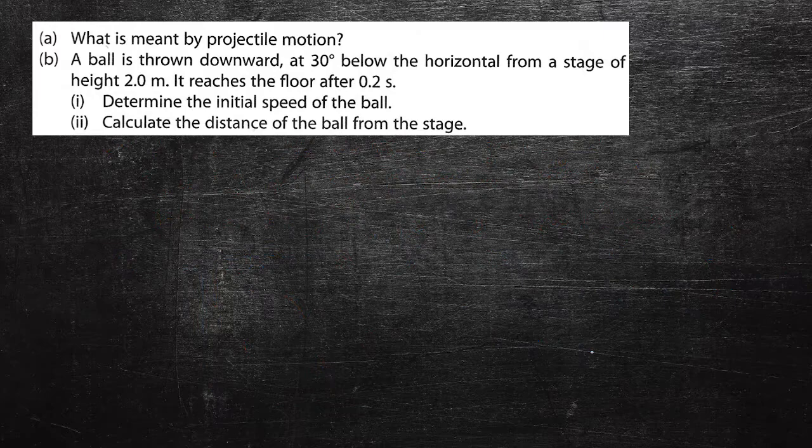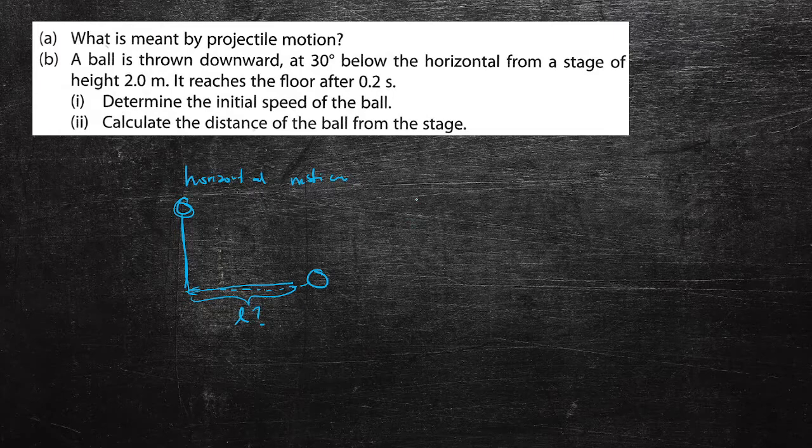Next, calculate the distance of the ball from the stage. For the distance of the ball from the stage, we use horizontal motion. So this is the ball on top of the building, and we want the horizontal range between the initial and the final position of the ball.